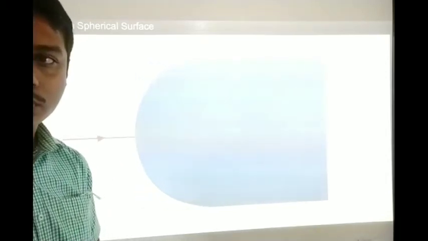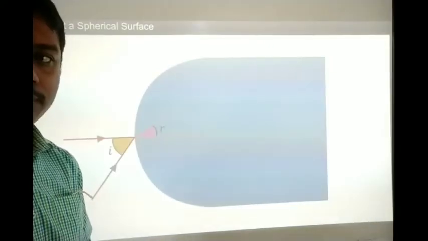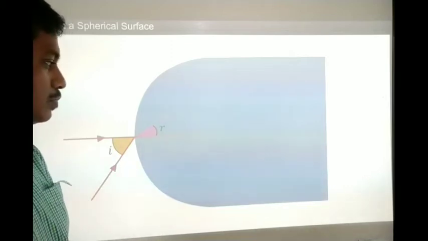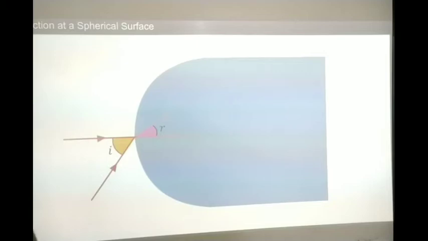We have seen how light refracts through a plane interface of two transparent media. The laws of refraction are applicable even when the interface separating the two transparent media is spherical in shape. Now let us study the refraction of light at a spherical surface in detail.